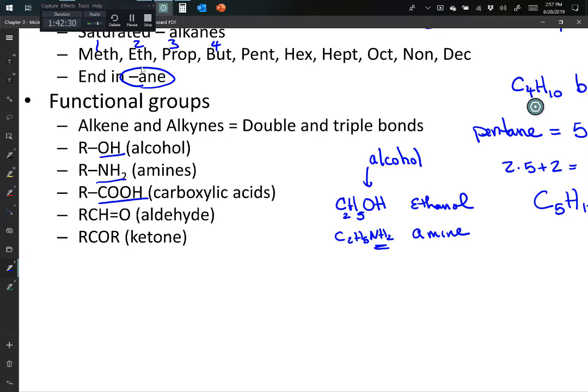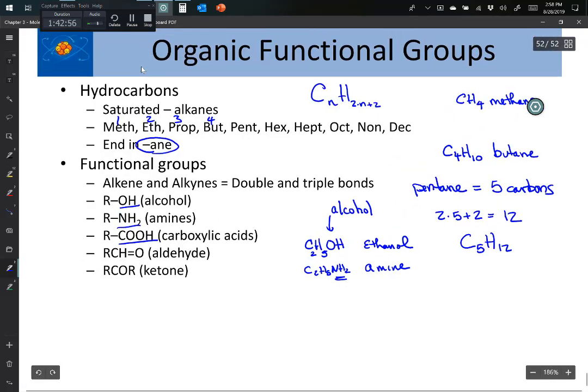But I care that you know that if you replace a hydrogen with an OH, or with an NH2, or with a COOH, you get these functional groups. And those functional groups, as part of organic chemistry, give the molecules their properties. So if I say, we're going to use this alcohol today, I want you to know generally what an alcohol is, that kind of stuff. All right.